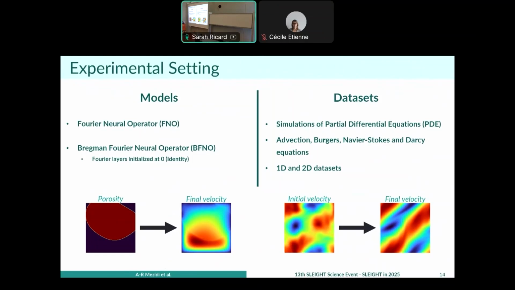But if we add the physics, so if we add some constraint to be close to the PDE, we have a way more generalizable model. So it's more general when we add the PDE than just learning the input-output function.